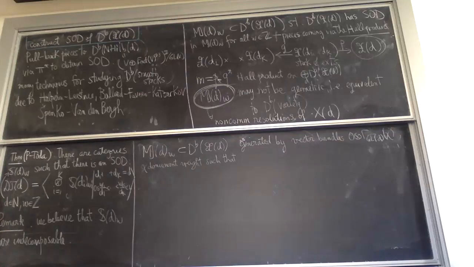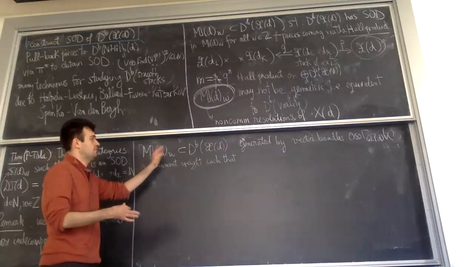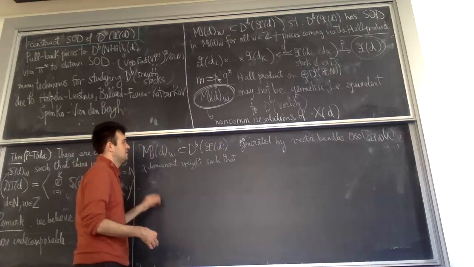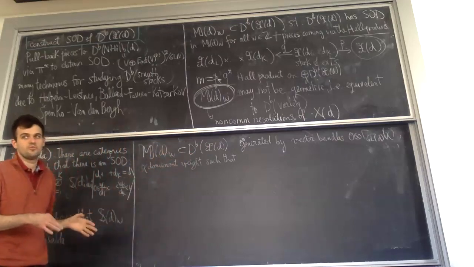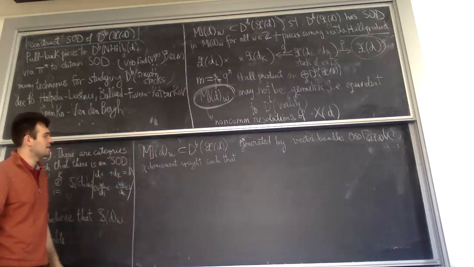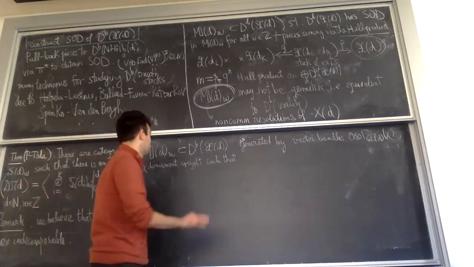Because the stack is symmetric, these categories are the smallest possible categories we can construct in XD which are part of a semi-orthogonal decomposition. And now I'll write the definition.